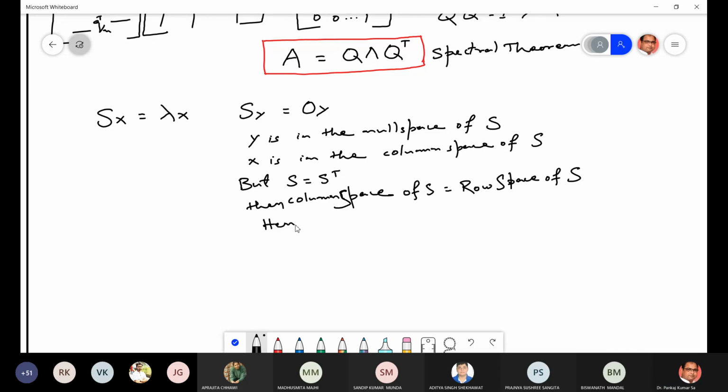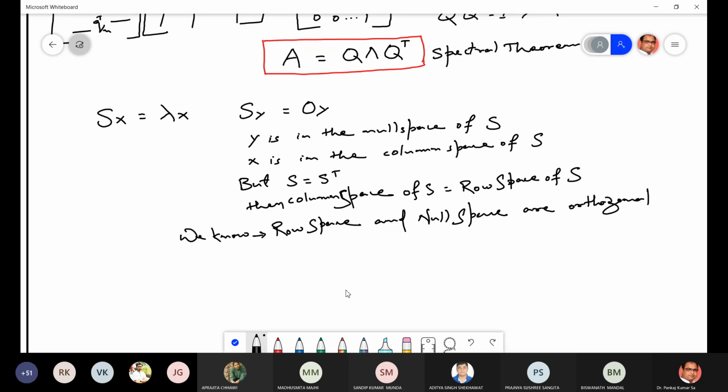We also know that row space and null space are orthogonal. That means y and x are orthogonal.